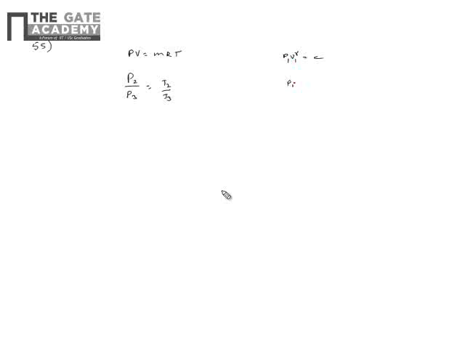So P1 V1 to the power gamma is P2 V2 to the power gamma. So P2 by P1 is V1 by V2 whole to the power gamma, and therefore P2 by P1 will be 6 to the power 1.4, that is nothing but 12.28. P1 is 1 bar, so 12.28 bar is the pressure after compression.